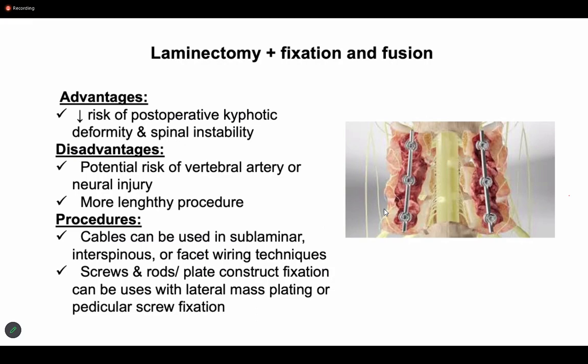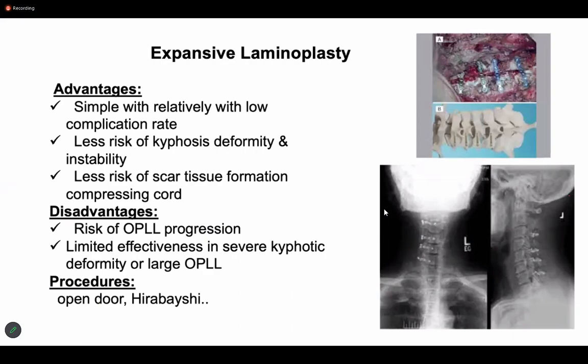With some techniques, we can use cables, sublaminar, interspinous or facet wiring techniques, or screw and rod with plate constructs for fusion. One important technique is expansive laminoplasty, which has more advantages.